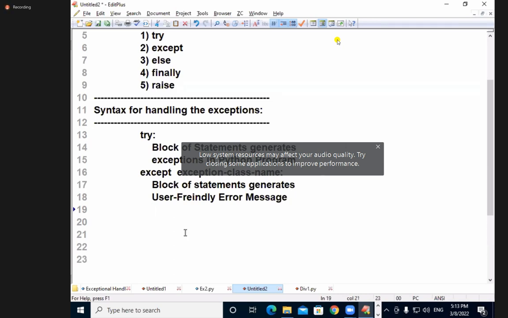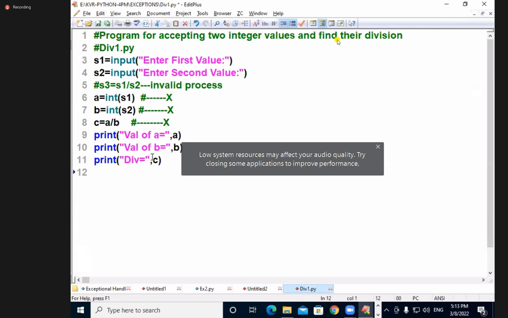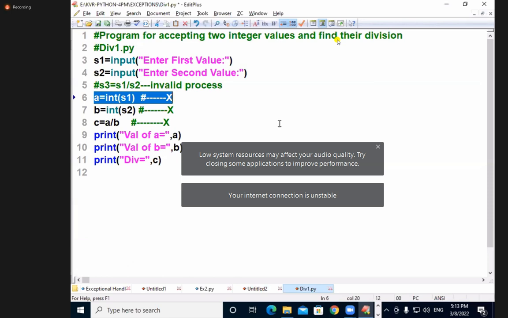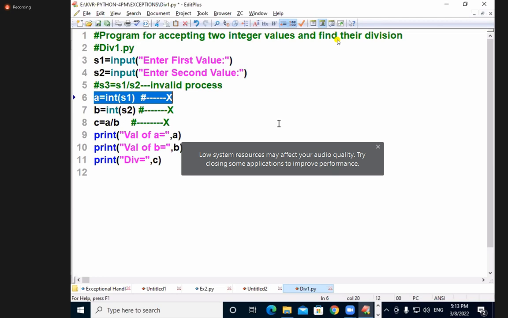See, in my program, which you have observed, because of line number 8, which exception will come? Zero division error. Because of line number 7, which exception will come? Very good. Because of line number 6, which exception is coming? So how many user friendly messages will I give?